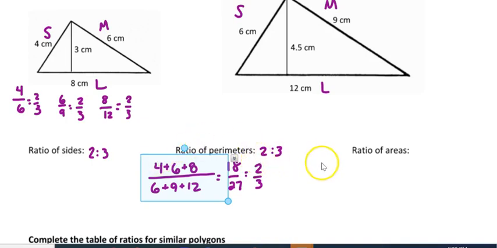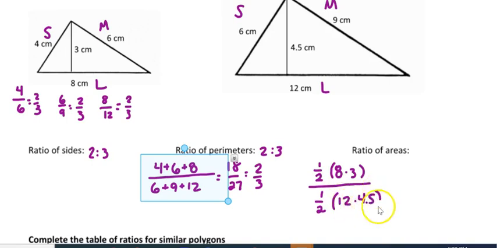And now let's do the ratio of the areas. If we take the area of the first triangle, it's 1/2 the base times the height. And the larger triangle is 1/2 the base times the height. So that's 1/2 of 24, which equals 12.